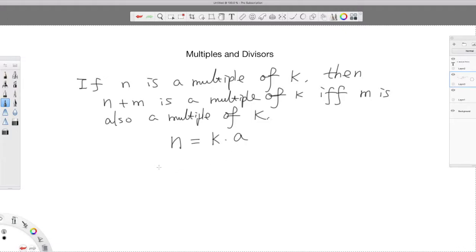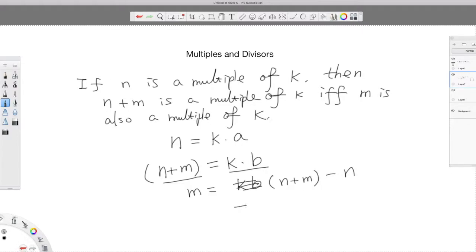And if n plus m also equals k times another integer b, that's the definition of n plus m being a multiple of k, then m is going to equal kb. Actually, let's just use n plus m minus n, this equals kb minus ka, and using the distributive law, equals k times (b minus a).